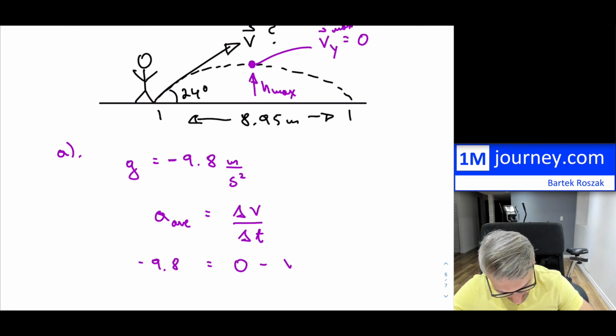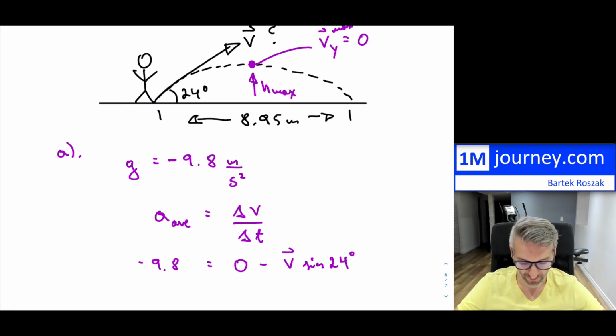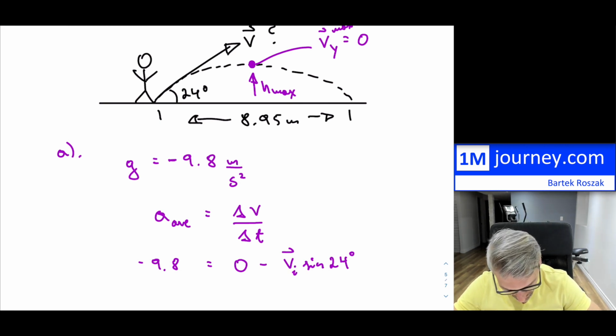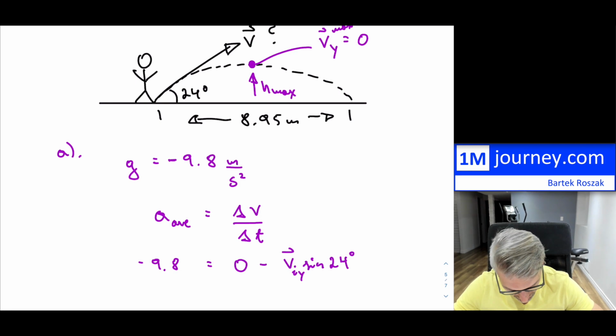Now, what was the initial one? That would have been V sine of the angle, which is sine of 24, right? That would have been the initial velocity in the vertical, y.